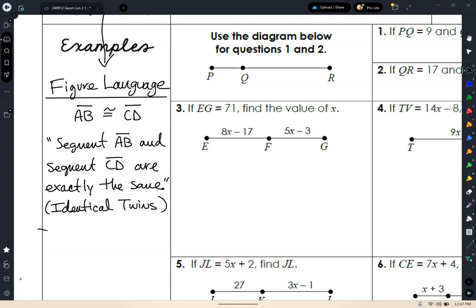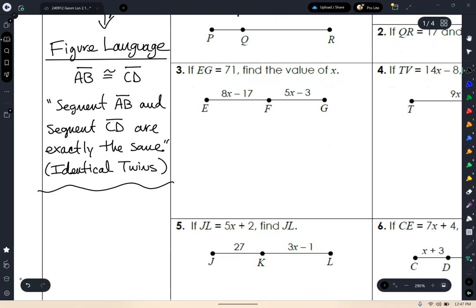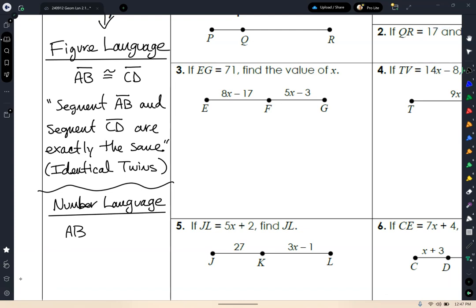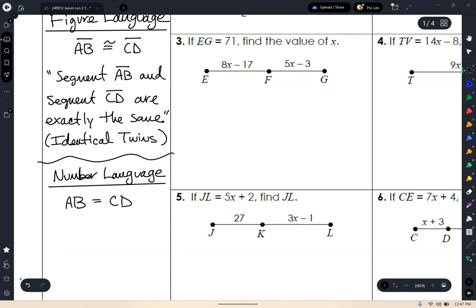Now, that's figure language. Let's talk about number language. So number language is going to look like this. This is the length of AB is equal to the length of CD. So you'll notice in figure language, I use a congruent sign.